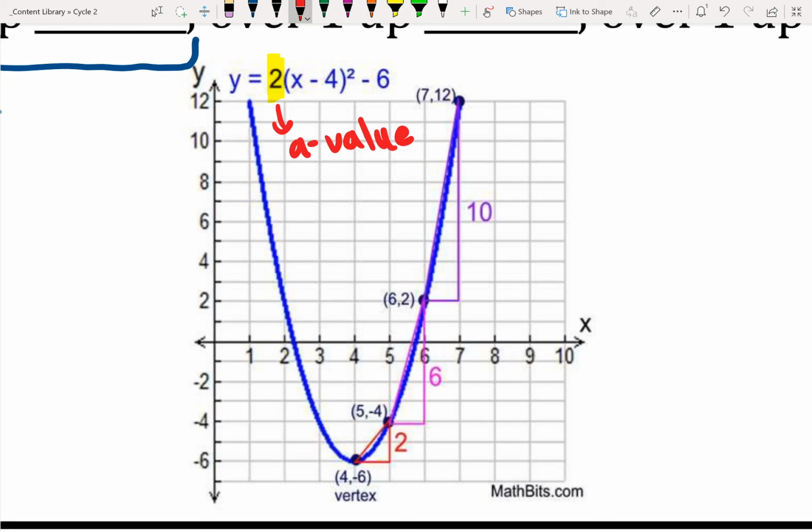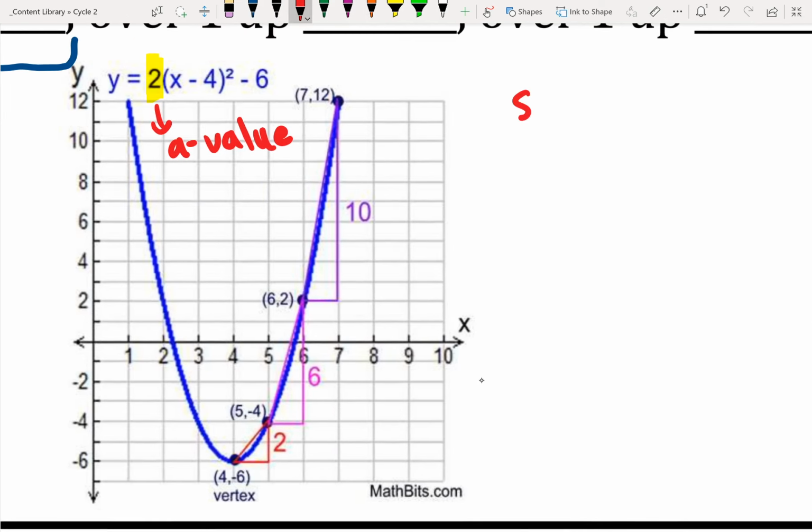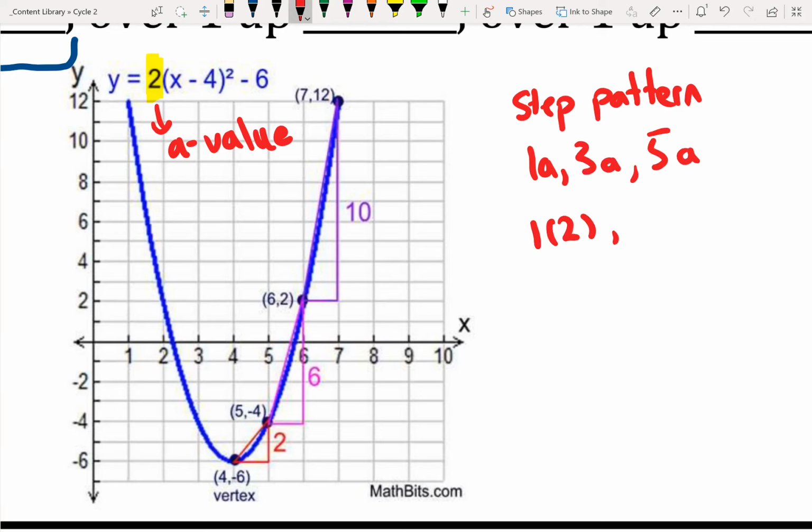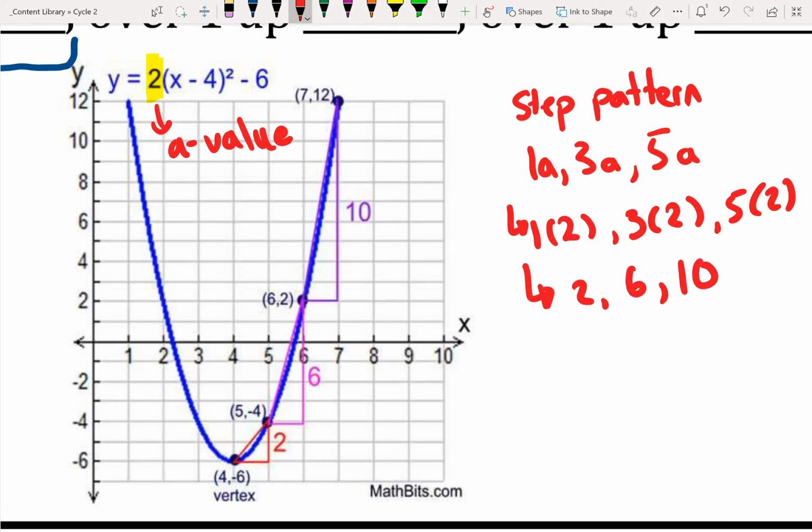So if I wanted to do that as a step pattern, it would be 1a, 3a, 5a, or 1 times 2, 3 times 2, 5 times 2, which works out to 2, 6, and 10.